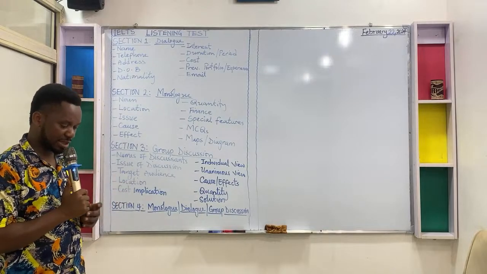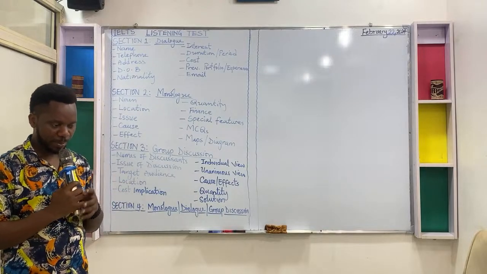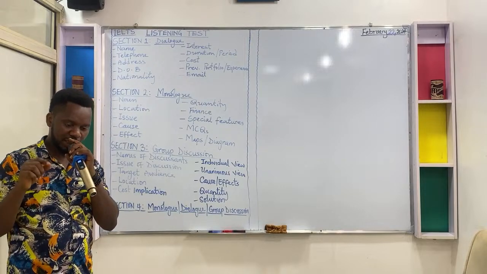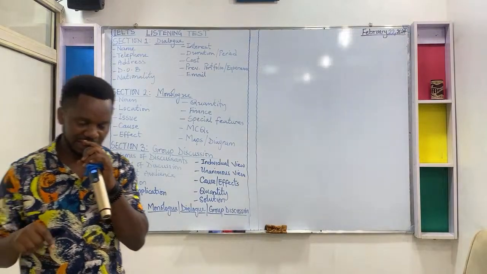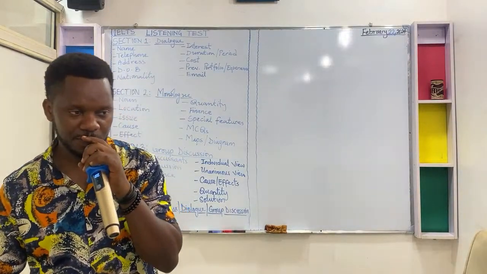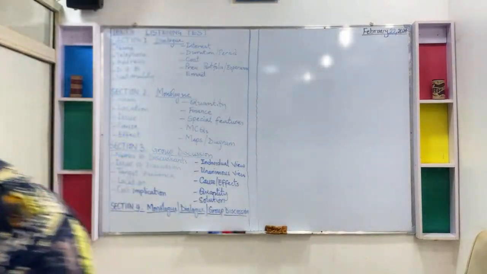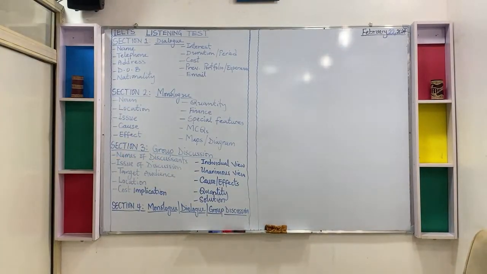And then when the person giving out the telephone number begins, you may notice that the first 4 or 5 digits will be called out at the same time. So those who are tensed, those who are not careful may end up writing those digits that are already on the question paper as a part of their answers.